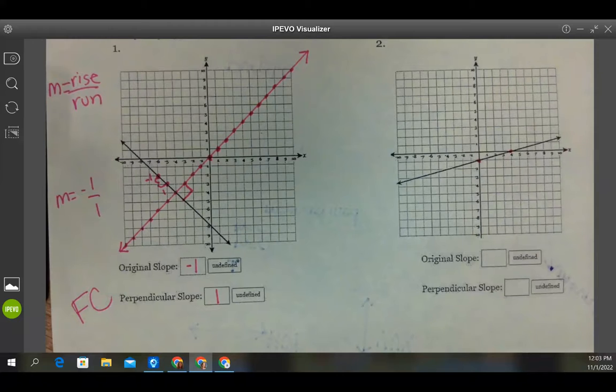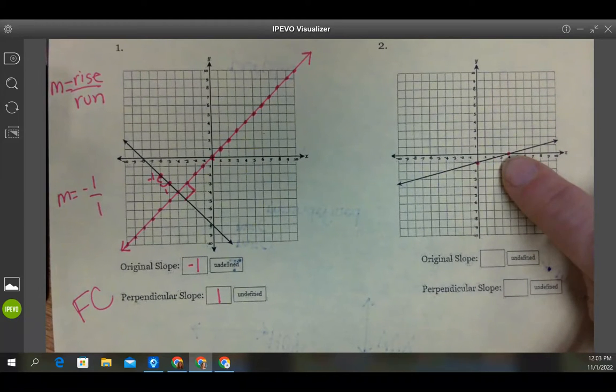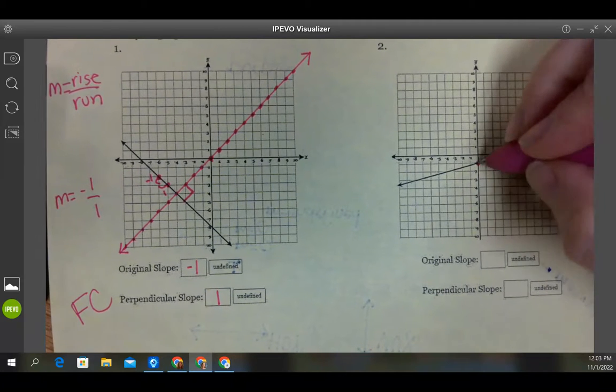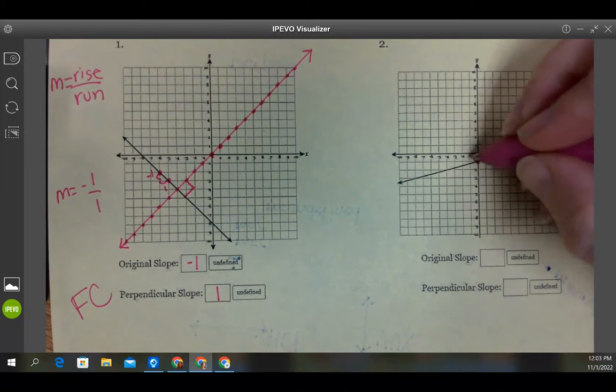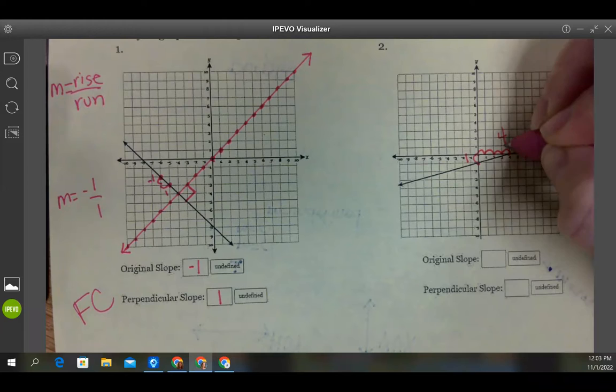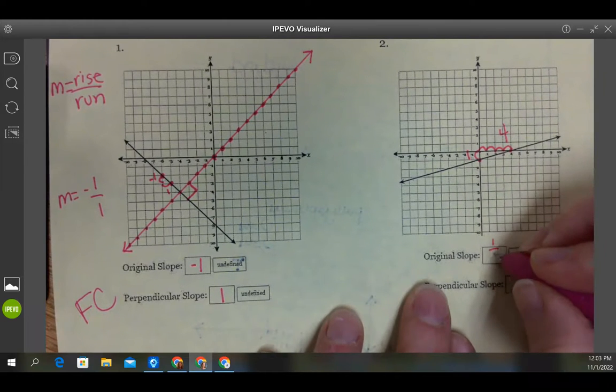I use these 2 points, the ones that I kind of darkened. Those are the perfect points. Count rise and then run right. How many does it rise? 1. How many does it run? 4. So what's my original slope? 1 over 4. And it's positive, right?